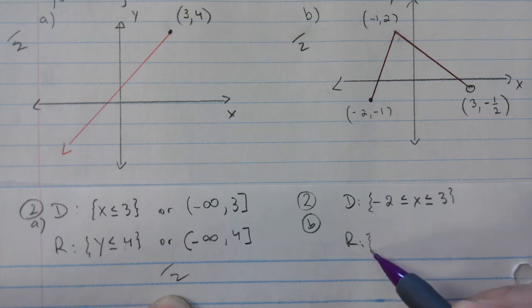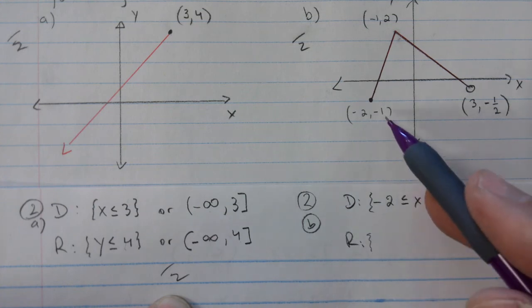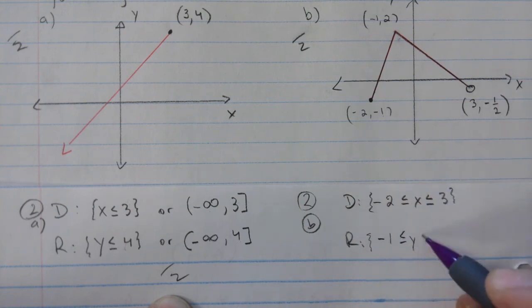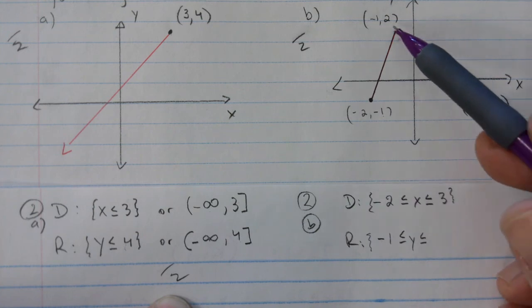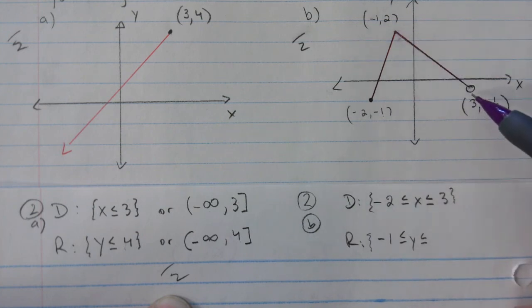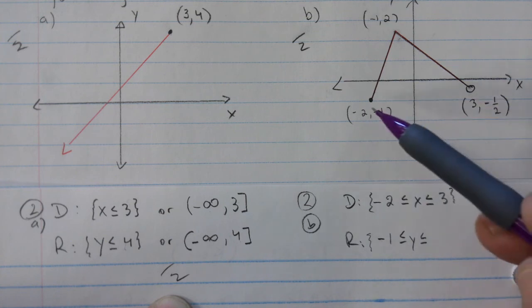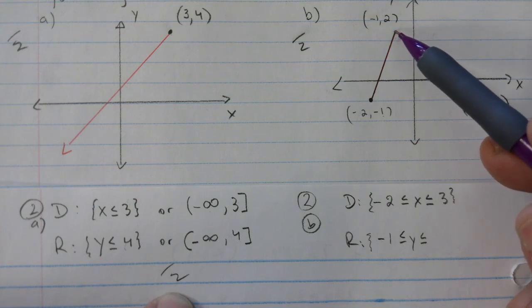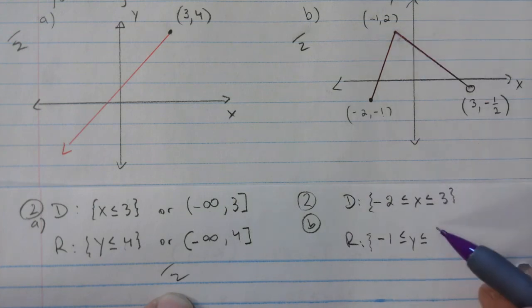For the y, you're going as low as -1 and as high as +2, right? That's the highest. This one, it comes back down, but down to -0.5, so you don't have to worry about that, right? It's this. And there's no open dot up here, so it's included.